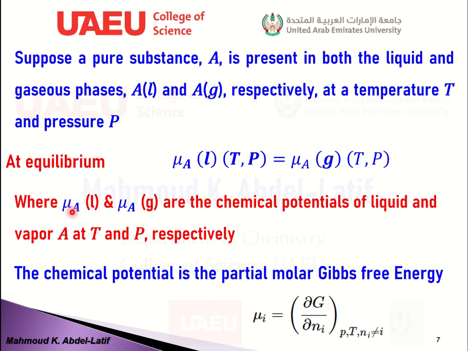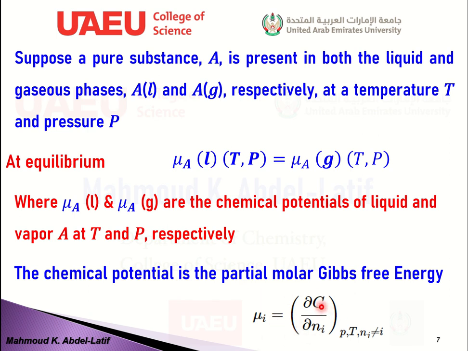Okay, now we have mentioned chemical potential. Chemical potential actually is the partial molar Gibbs free energy. If you know the Gibbs free energy, which is given by G, uppercase G, when you divide it by the number of moles, you end up with the chemical potential. So the chemical potential is the partial molar Gibbs free energy, which is given by this relationship, mu i.